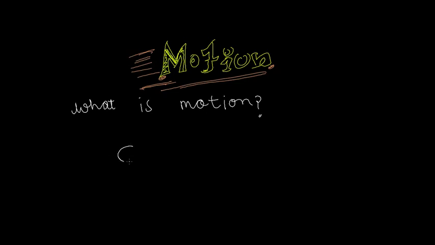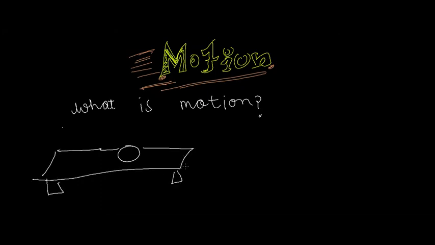Like if we have a ball here and it's placed on a table. I know my drawing is not good. After 2 seconds, we see the ball from here to here. Wow! It has changed its position with respect to its surroundings. So the ball is in motion.